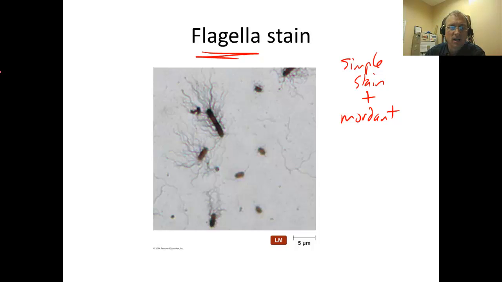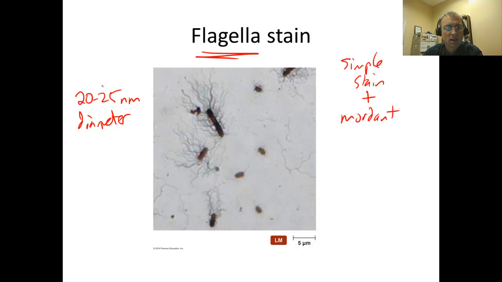Now, most flagella are on the order of around 20 to 25 nanometers in diameter, and if you recall from our initial section in chapter 4 talking about the light microscope, the light microscopes that we use in the laboratory have a limit of resolution of about 200 nanometers.